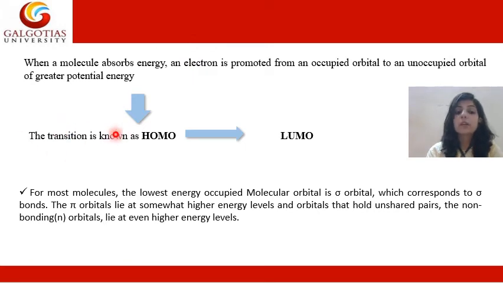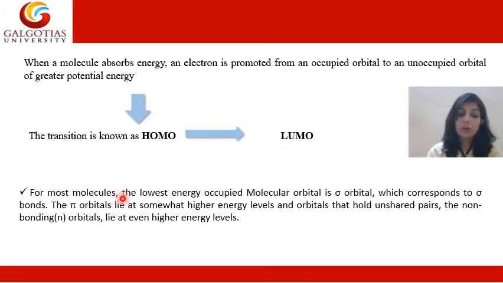This transition is known as a transition from HOMO to LUMO. Here HOMO refers to highest occupied molecular orbital and LUMO refers to lowest unoccupied molecular orbital. As our excited state is the unoccupied orbital, this transition is from HOMO to LUMO, the highest occupied molecular orbital to the lowest unoccupied molecular orbital.